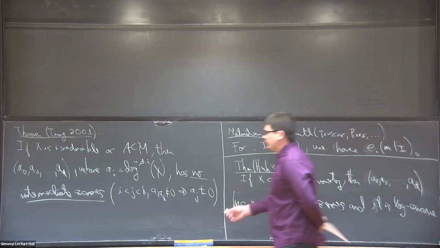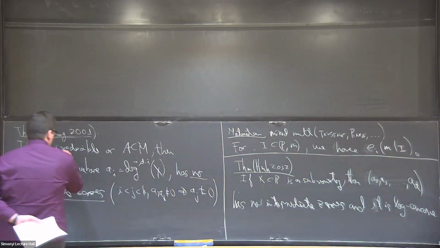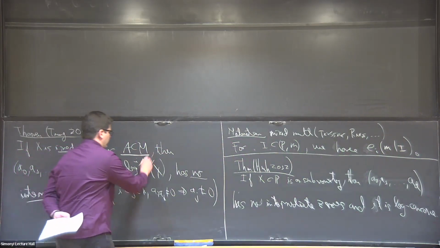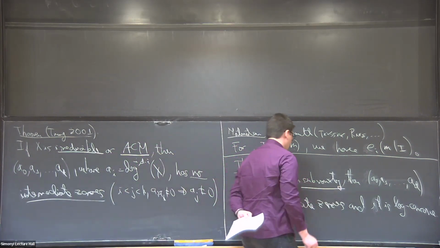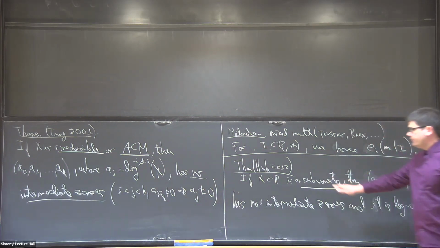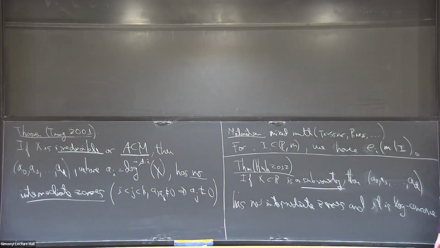So then I want to draw the difference here. You have irreducible and arithmetically Cohen-Macaulay, and in the case of this result of June Huh, you only have it for irreducible.